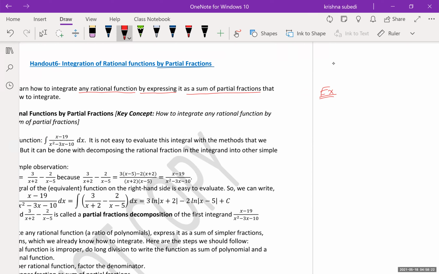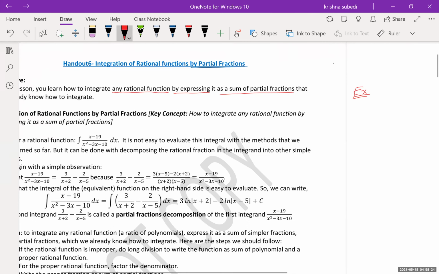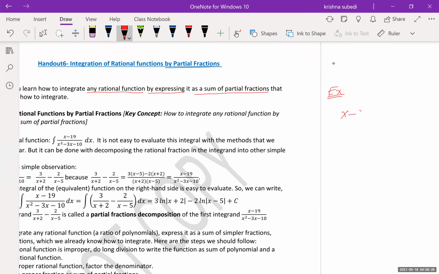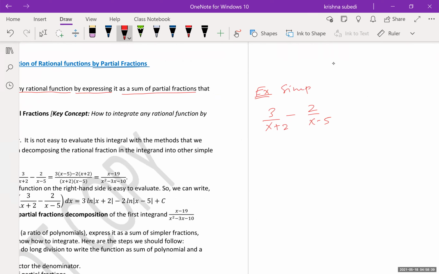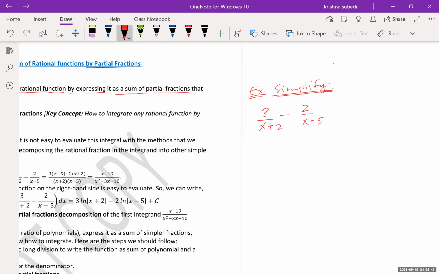If I give you, for example, 3 over x plus 2 minus 2 over x minus 5, can you simplify this? Let us quickly review high school algebra. Simplify.